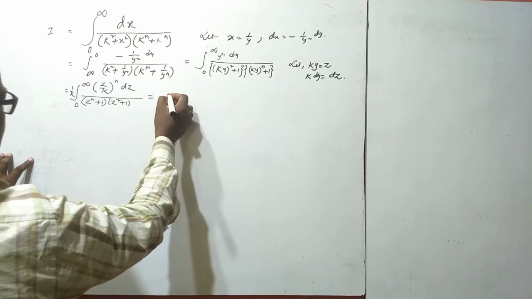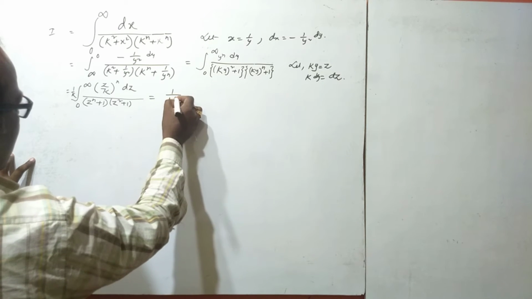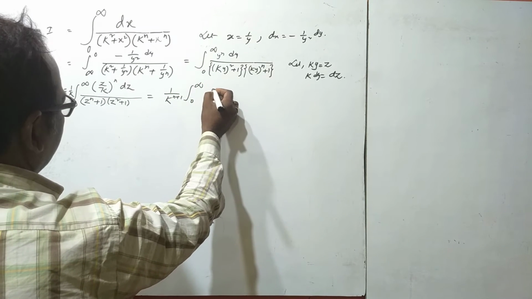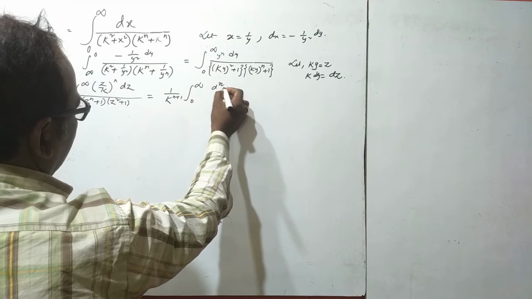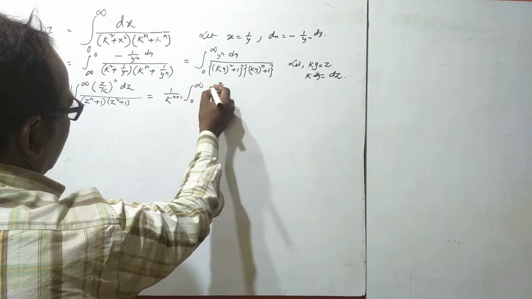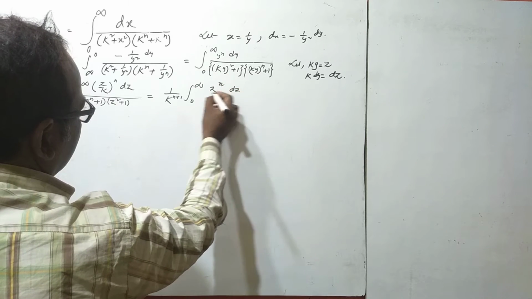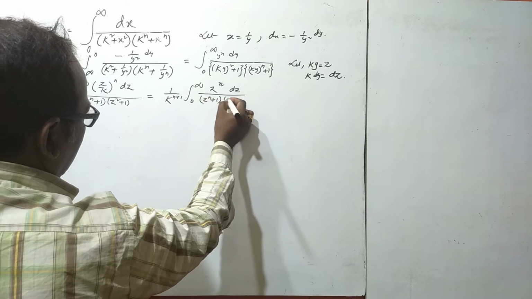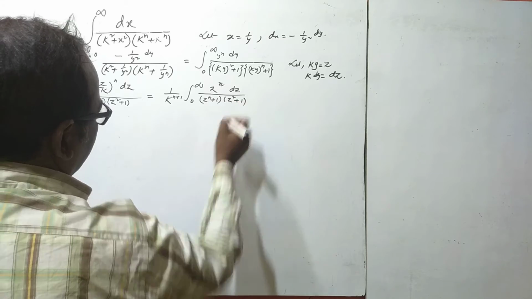This is equal to 1 over k to the power n plus 1 integral 0 to infinity of z to the power n dz over (z to the power n plus 1) and (z to the power 2 plus 1).